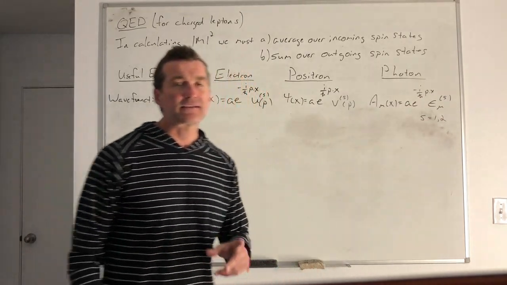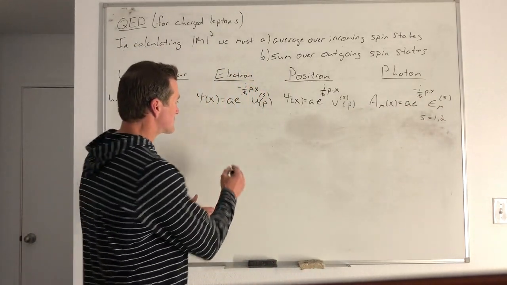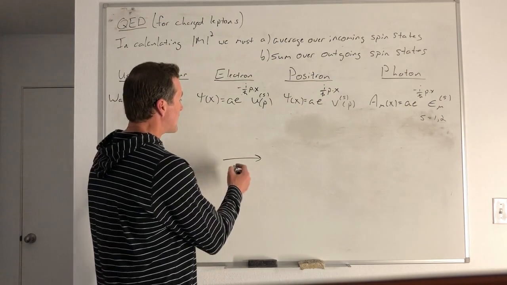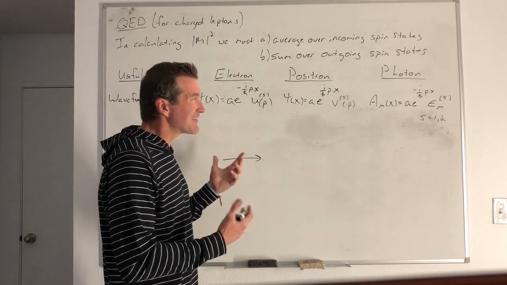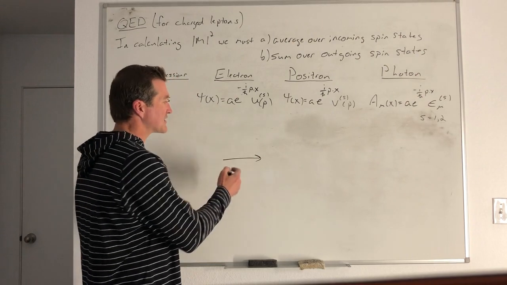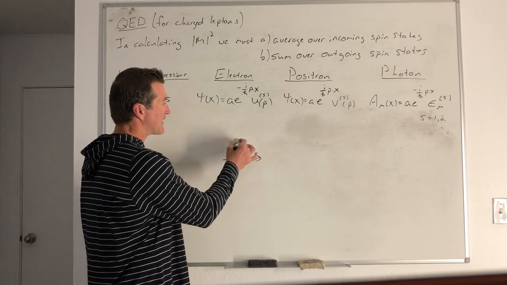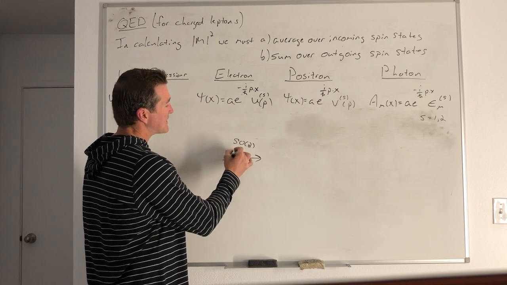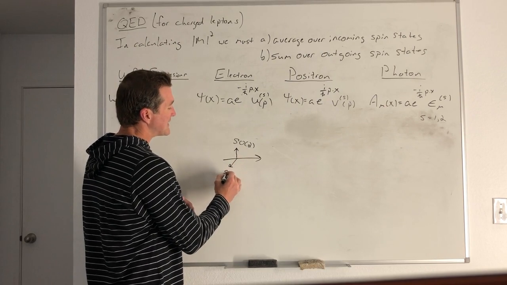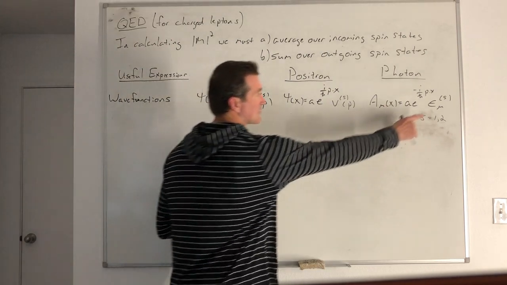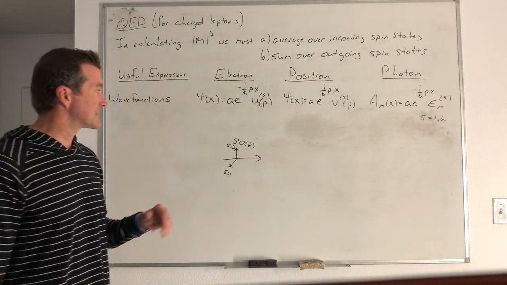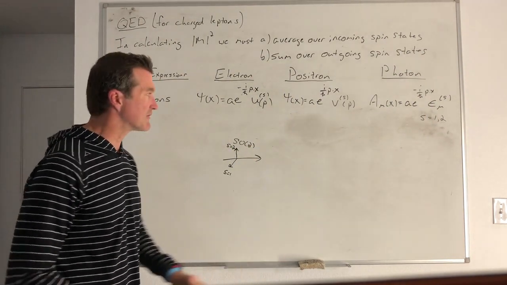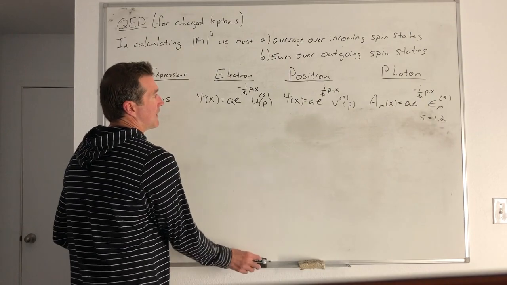And all that s means is that when you have a photon, it's got to be polarized transverse to its momentum, and you can only identify it through the Wigner classification system, which you can't take at rest, so you're only using the SO(2), which basically is rotations around that, and we can take two directions, and we can call this s equals 1 and s equals 2, and that's what these two labels are. So it's saying, am I doing transverse up or transverse out of the board? But there's nothing along the direction in which it's moving.